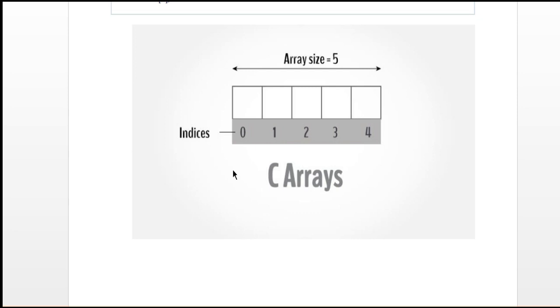How many elements here? 5 elements. The total number of elements is called the size of the array, but the index is counted from 0. The first is 0, the second is 1, and then 2, 3, 4. So this is the representation of an array in C programming.